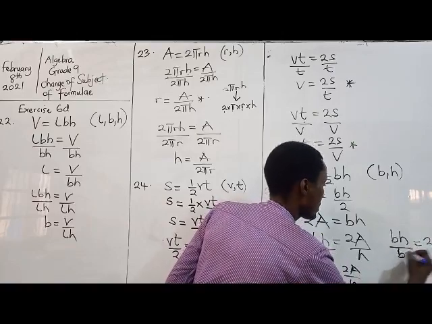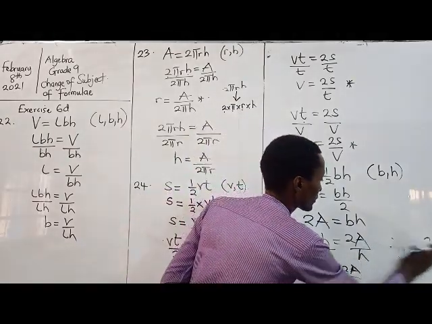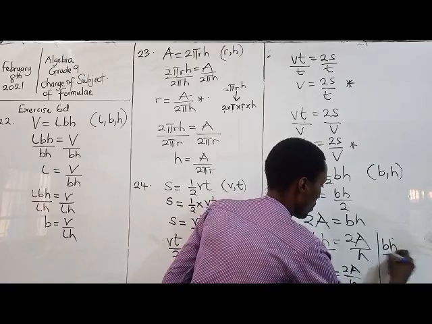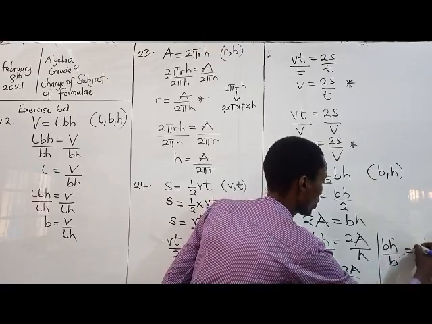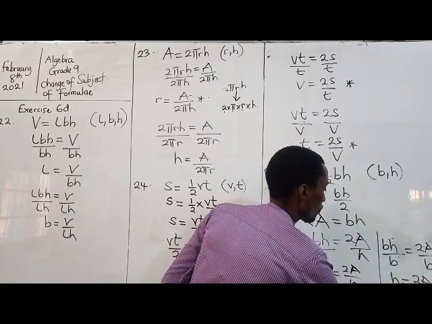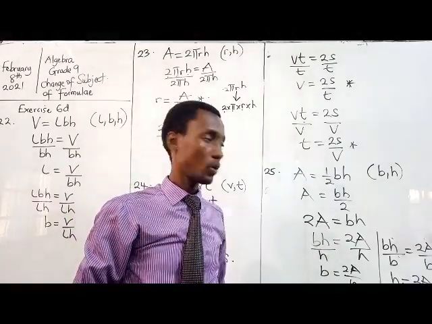I divide both sides by B. And what I'm going to have is BH over B will be equal to 2A over B, and H will be equal to 2A over B. So that takes care of that answer.